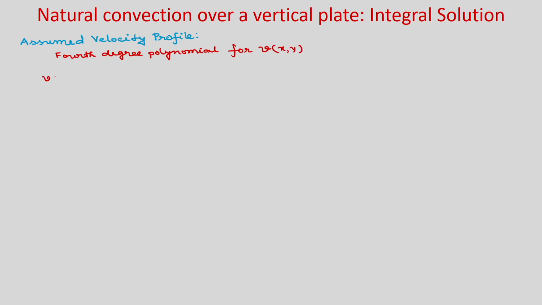So, we will use v, which is a function of x and y, is equal to coefficient a naught, which is a function of y, plus a 1 y x plus a 2 y x square plus a 3 y x cube. So, we have to find these coefficients a naught, a 1, a 2 and a 3. So, there are 4 coefficients.